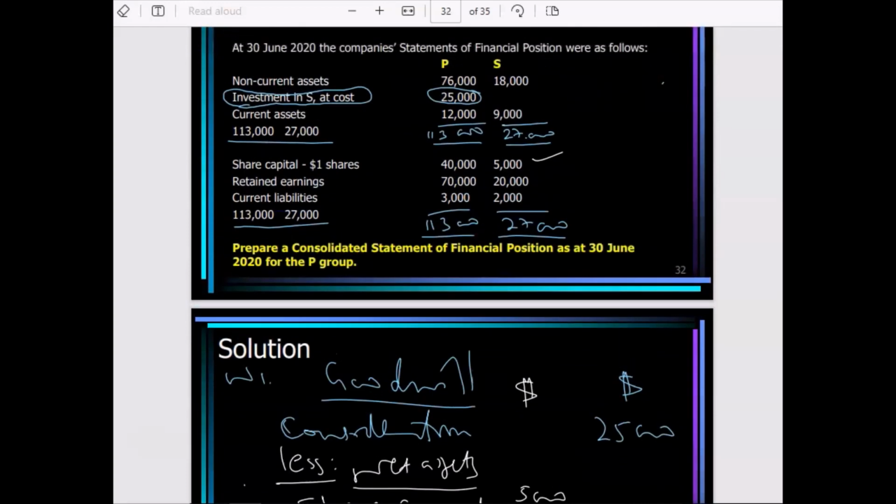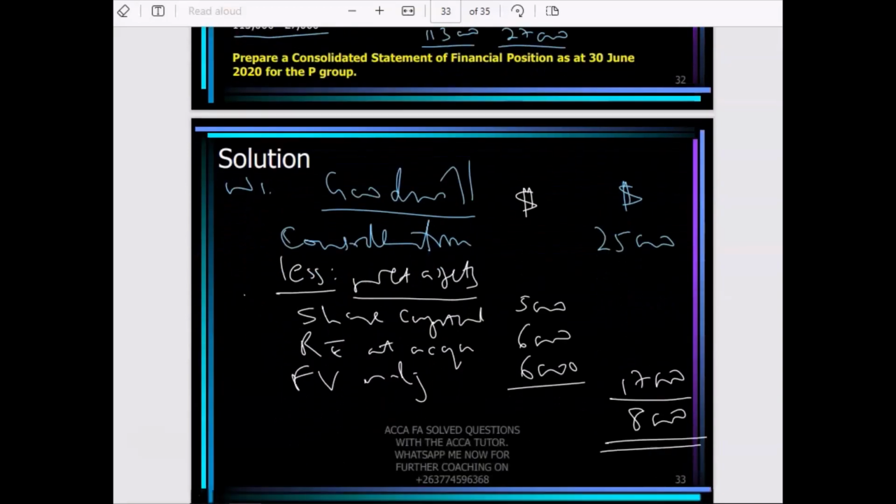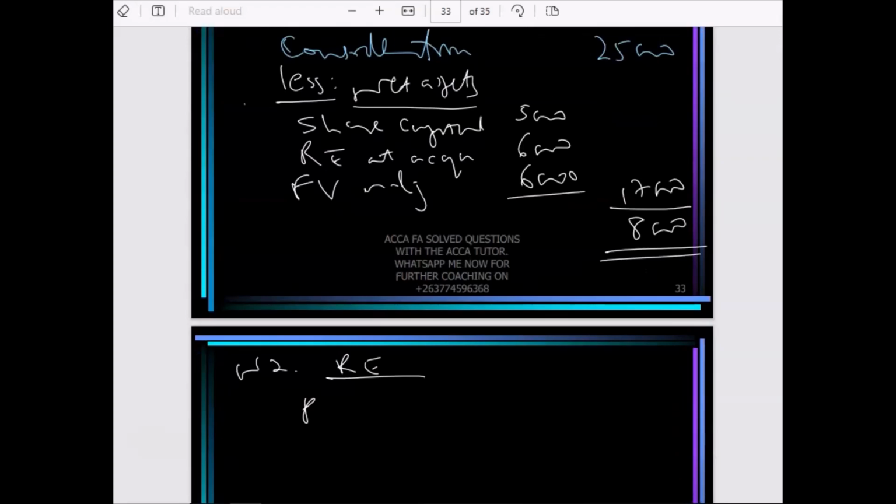The retained earnings for the parent were 70,000. So we take 100% of that, 70,000. And then we go for the subsidiary.